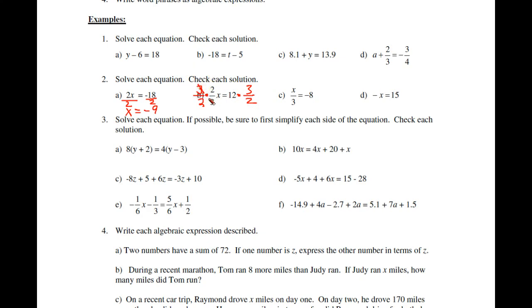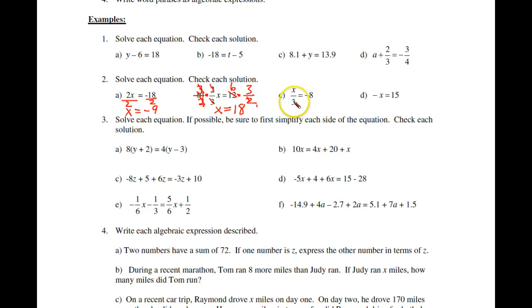So here it all cancels out, and we end up with a 1x. That's why we chose the reciprocal. Now here 2 will go into there once, 2 will go in there 6 times. 3 times 6 is 18. That's our solution.